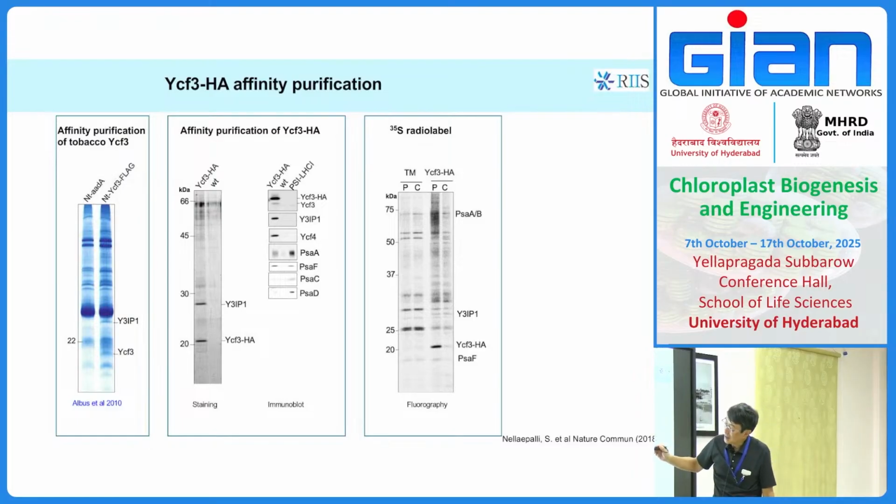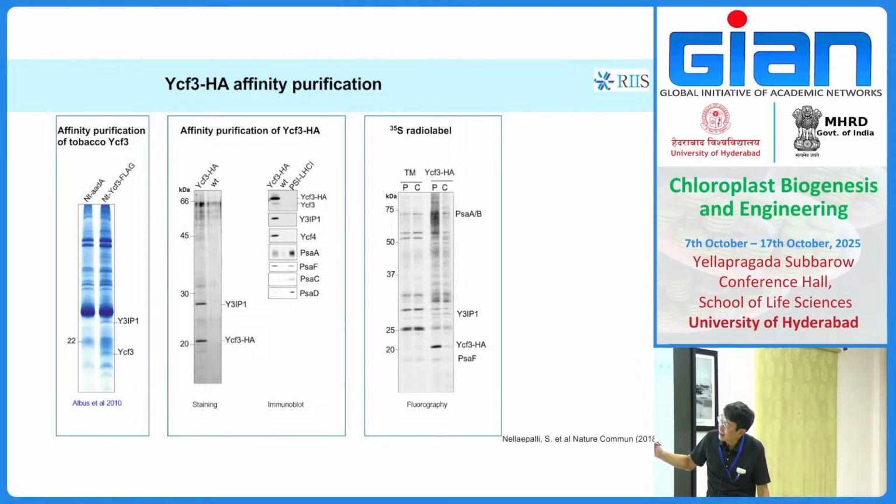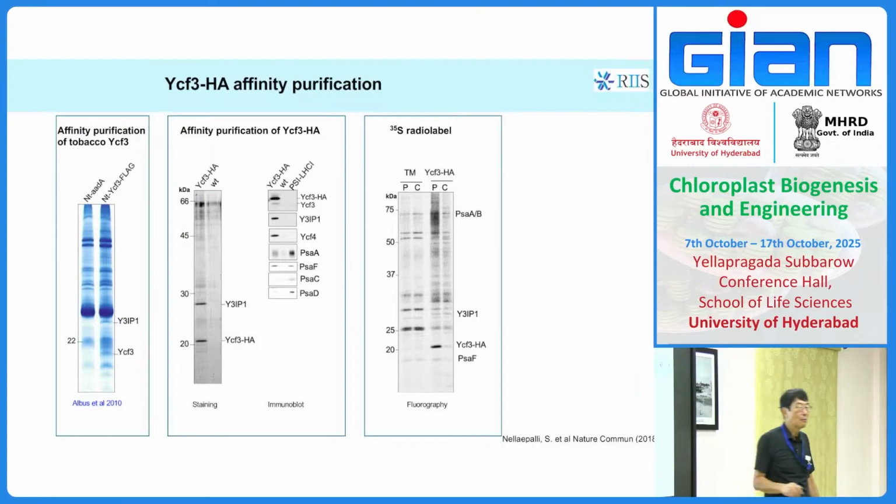So YCF3 was here, and the others are all non-specific contamination. They also found a specific protein that is lacking in the negative control but present here. So they named it YCF3 interacting protein 1, Y3IP1.